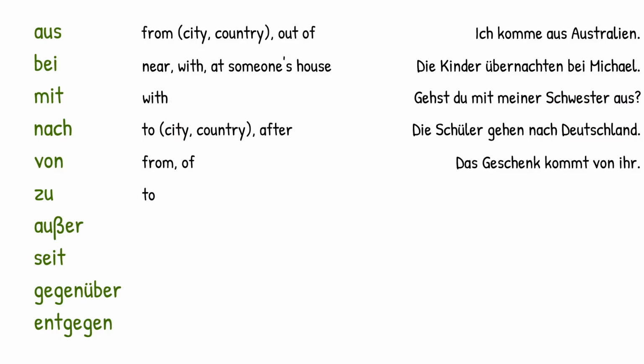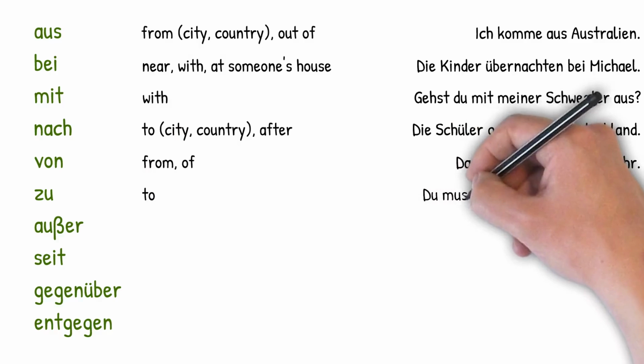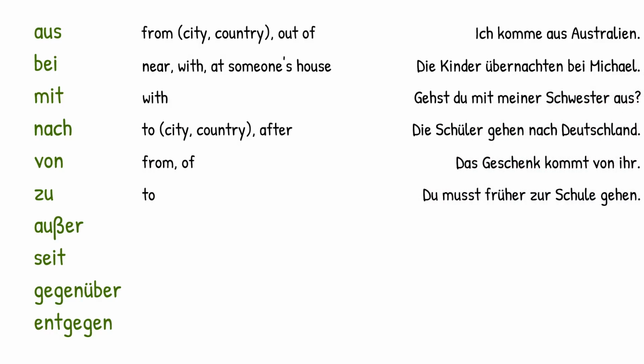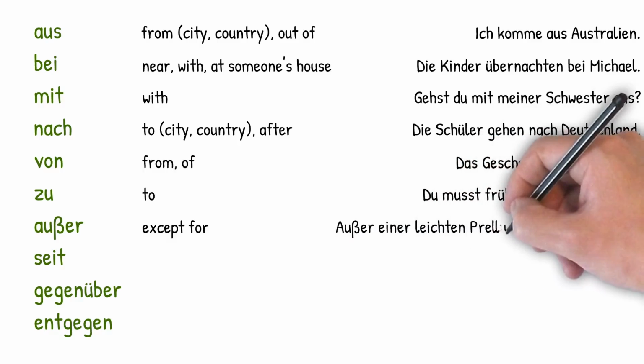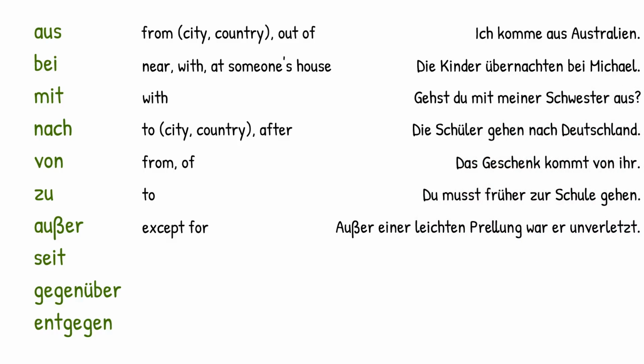Zu means to. For example, du musst früher zur Schule gehen. You have to go earlier to school. Außer means except for or apart from. For example, außer einer leichten Prellung war er unverletzt. Except for or apart from a light bruise, he was unscathed or unharmed.